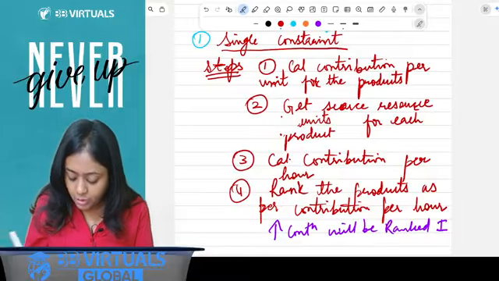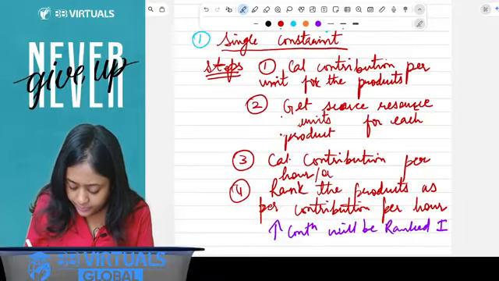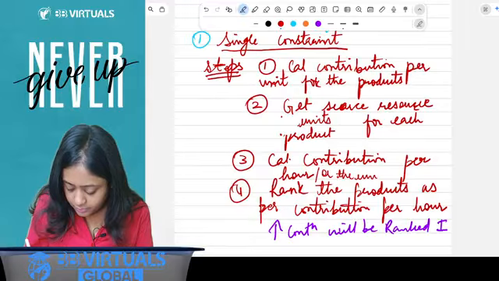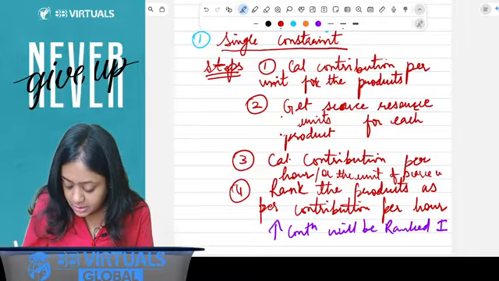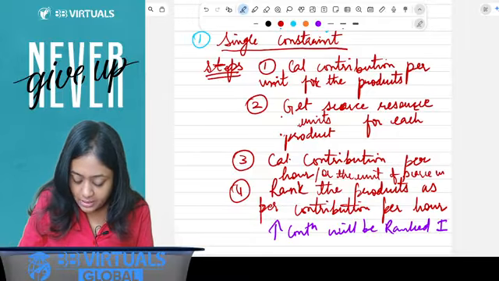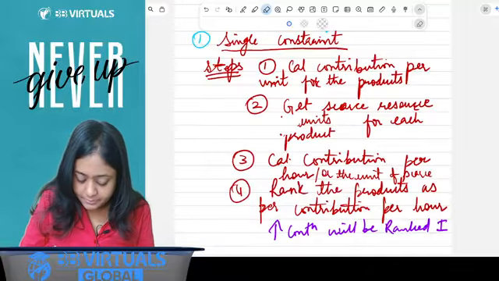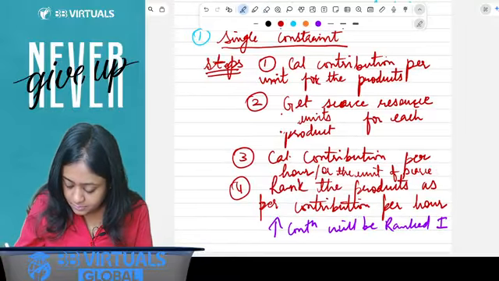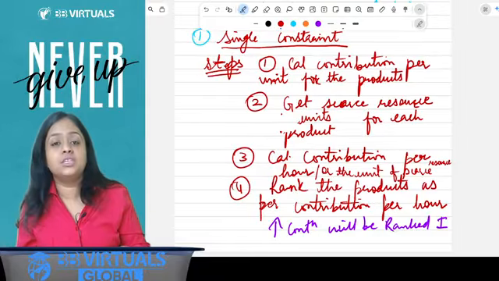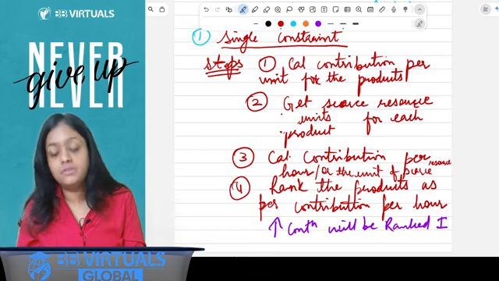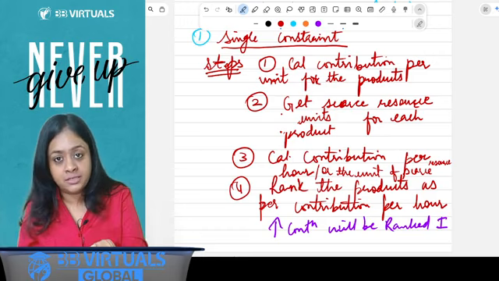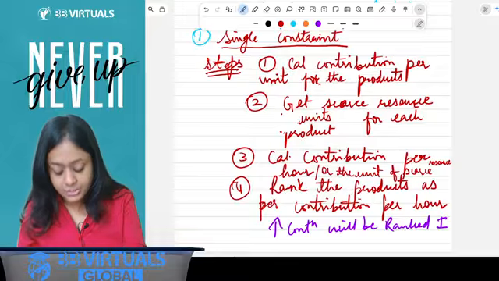Then you will calculate contribution per hour or per unit of scarce resource. What if the scarce resource is material? Then we will calculate contribution per kg. So that depends upon what the scarce resource is.